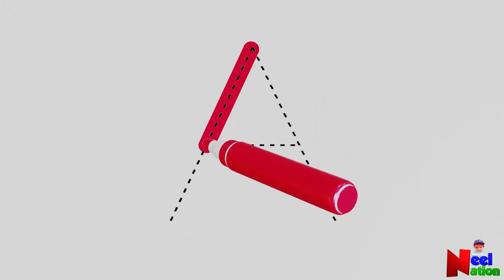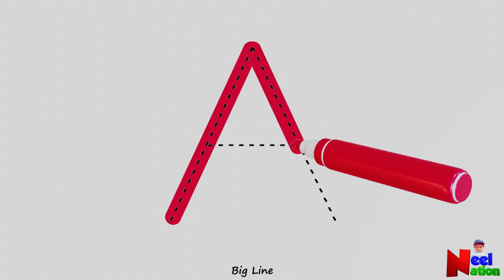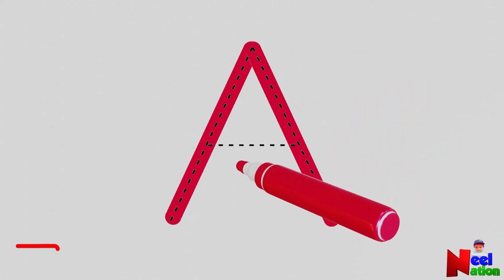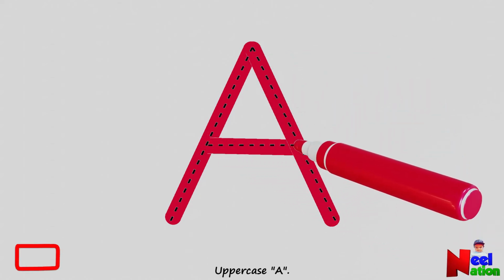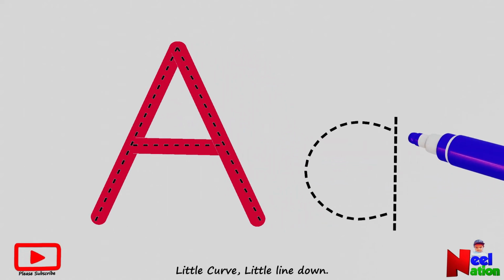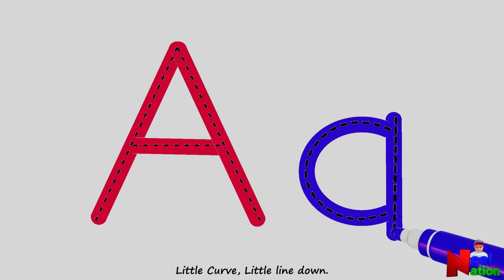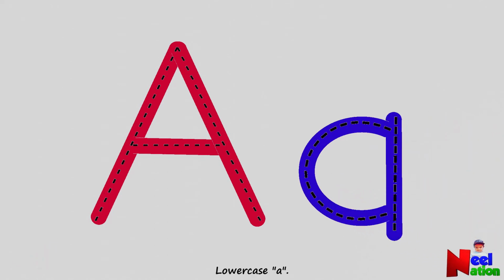Big line, little line. Uppercase A. Little curve, little line down. Lowercase a. Perfect! Yay!